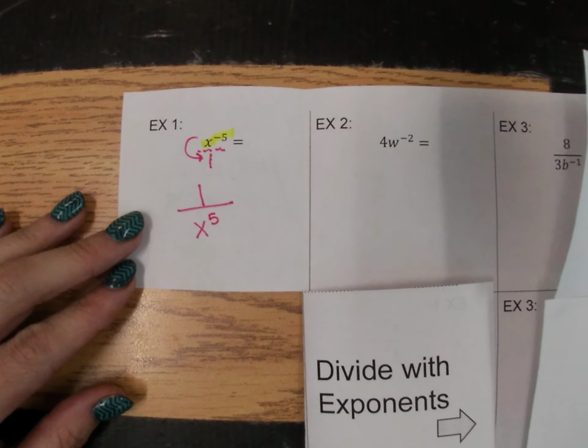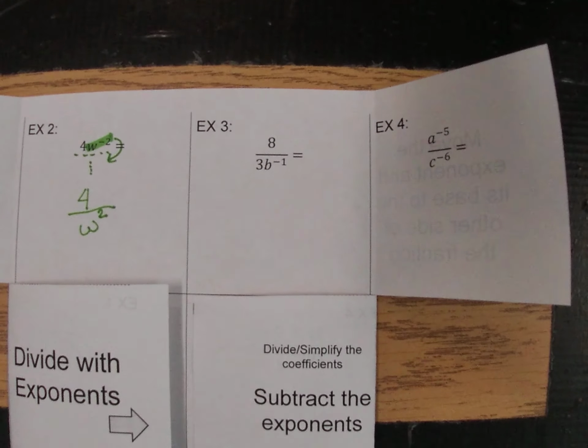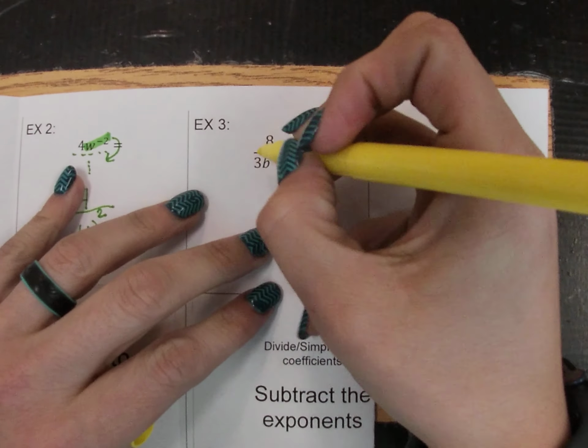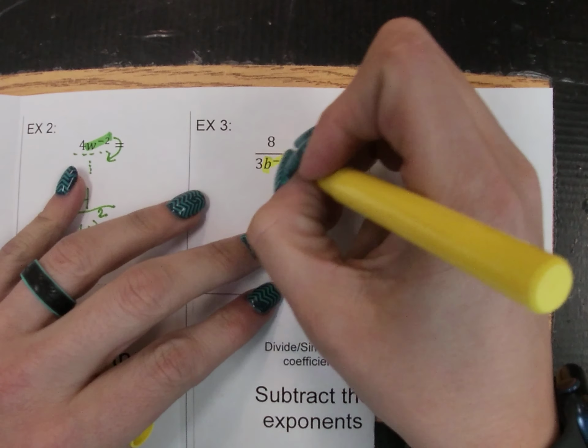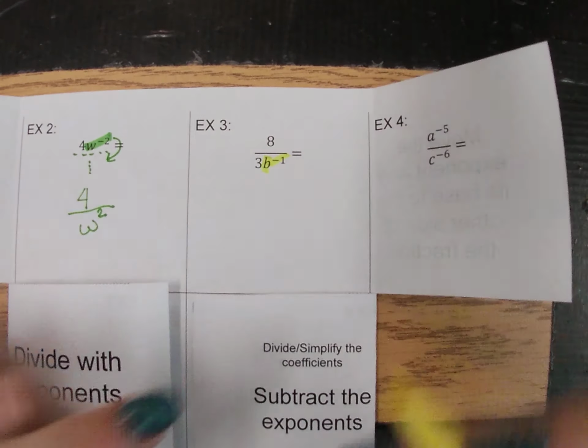So number 3, again, we see a negative exponent in this one. We have 8 over 3b to the negative 1. And this time our negative exponent happens to be on the bottom of the fraction. Okay, which is okay. It's really just telling us it is on the wrong side of the fraction. So since we see that negative exponent happening on the bottom of the fraction, we want to move that up to the top.